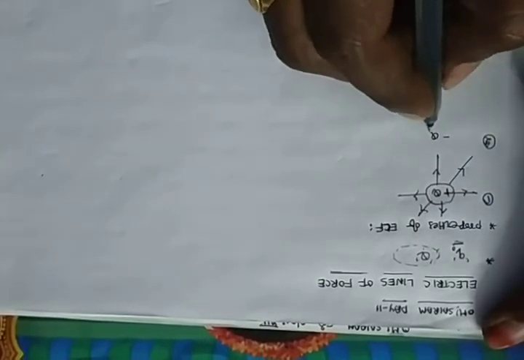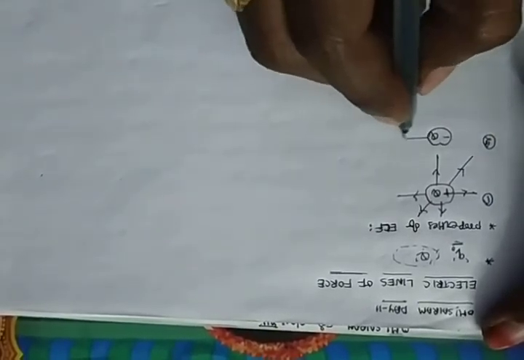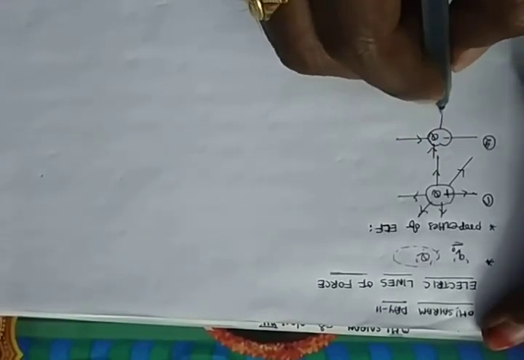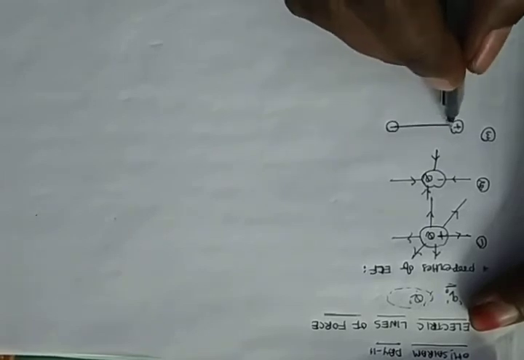For the negative charge, all the lines of force are moving towards it. If we consider two charges, plus and minus, the line of force always moves from positive to negative.